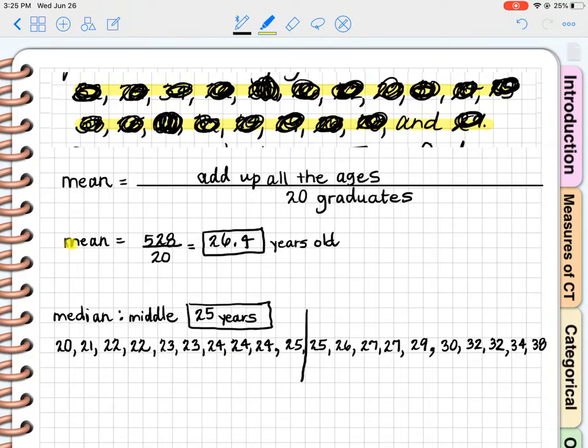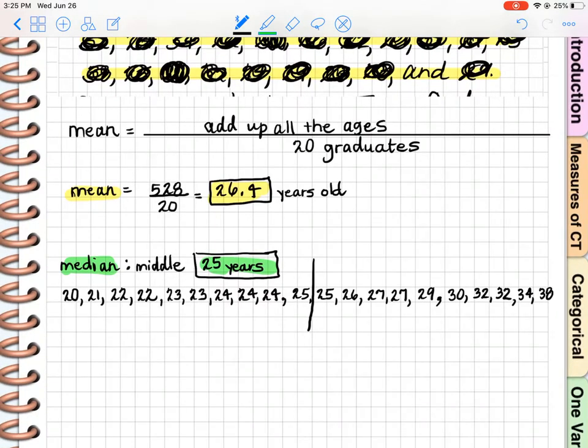So we got mean, that's this one. We got median, which is the one I hate because it takes so long. I'm lazy. Okay, mode is the one that you see the most. So was there one age that had more than the others?